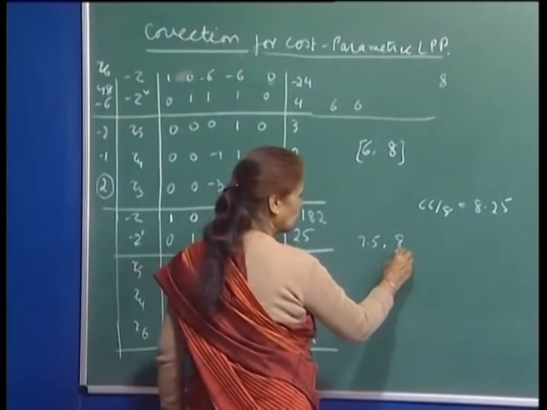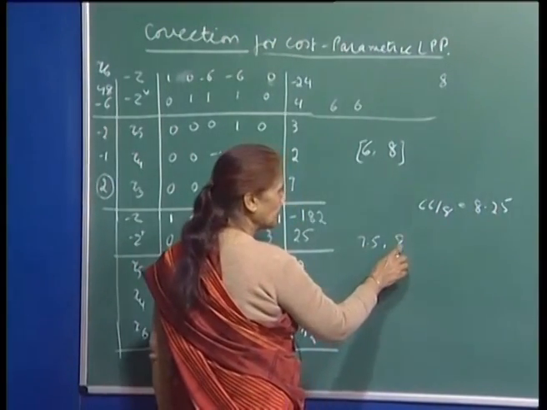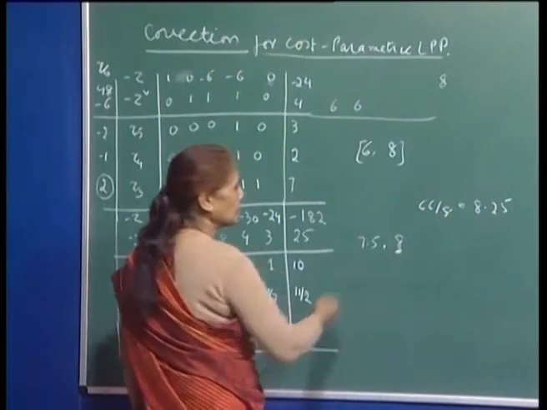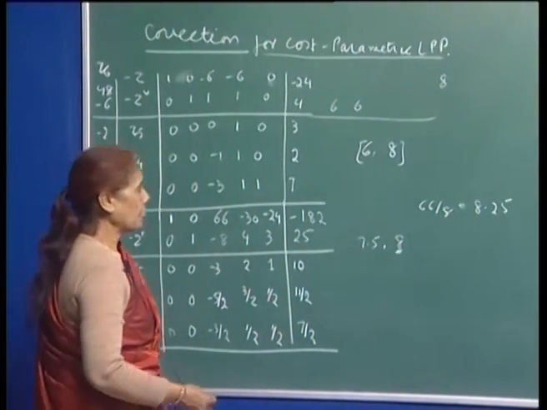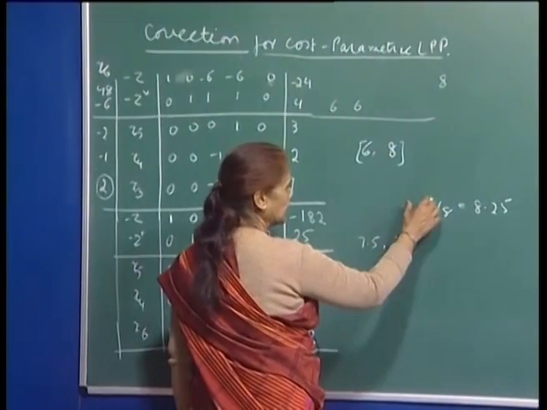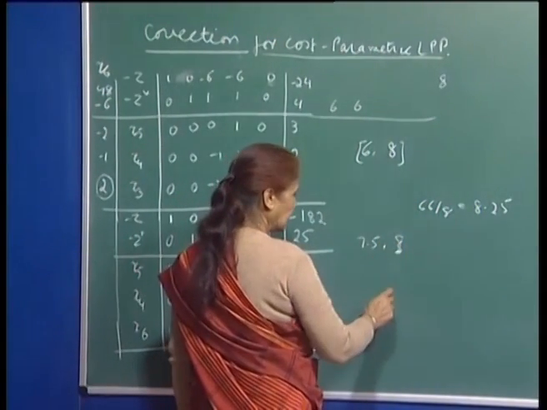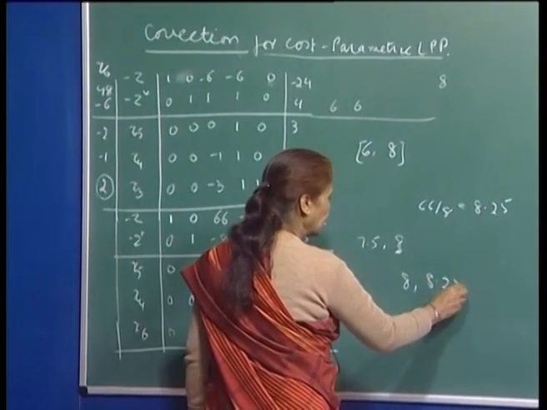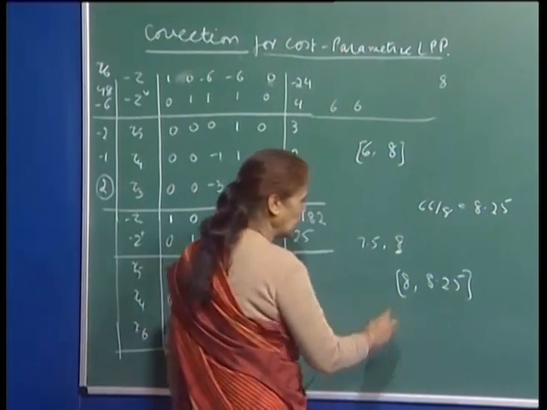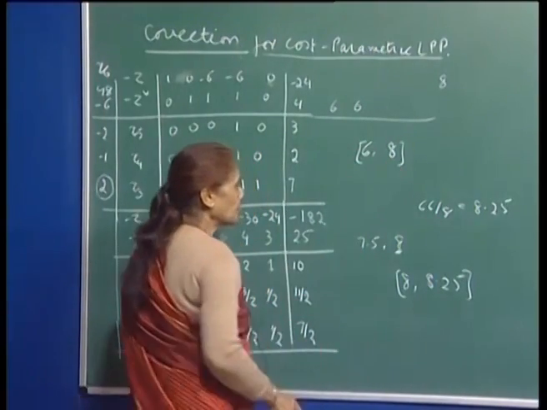This is your lower, because you take the max of this and there is only one entry here; otherwise, if you had more than one, you would have taken the minimum of the entries. Therefore the next characteristic interval is 8 and 8.25, as you would expect. This lower and this upper should match.